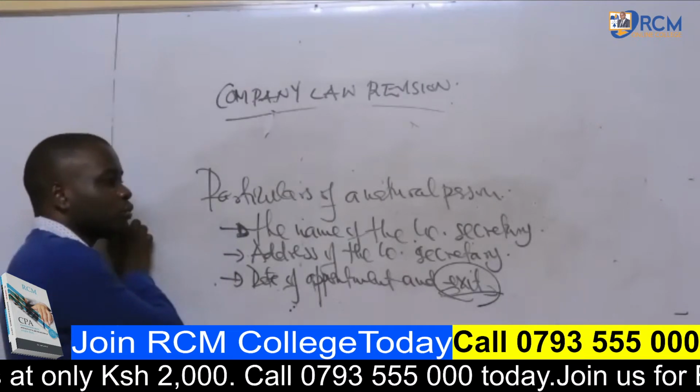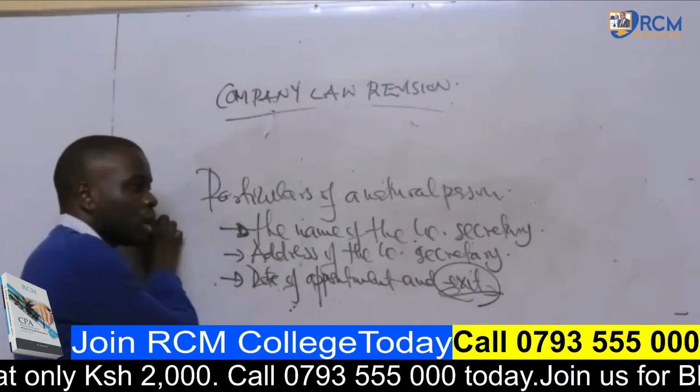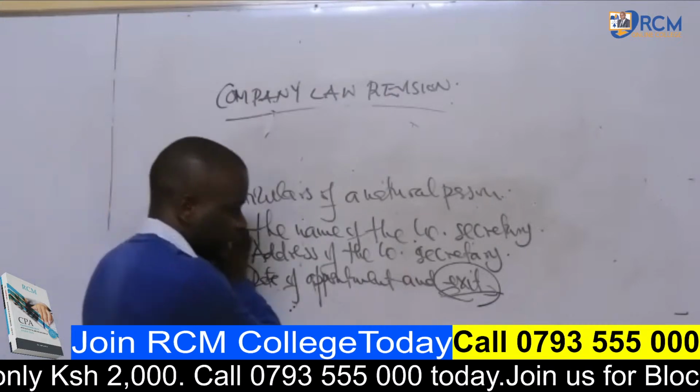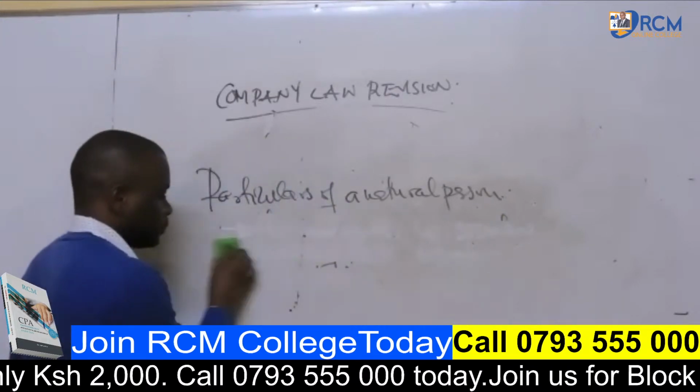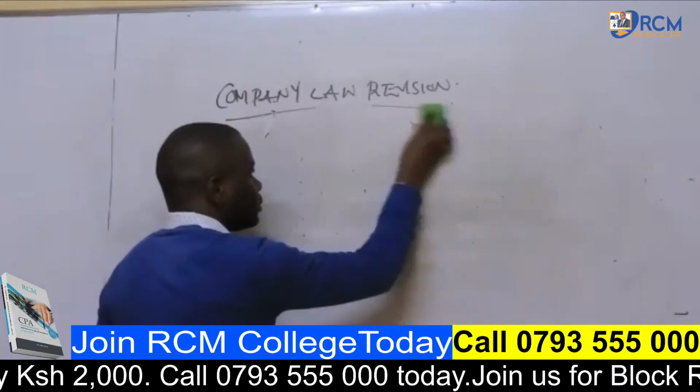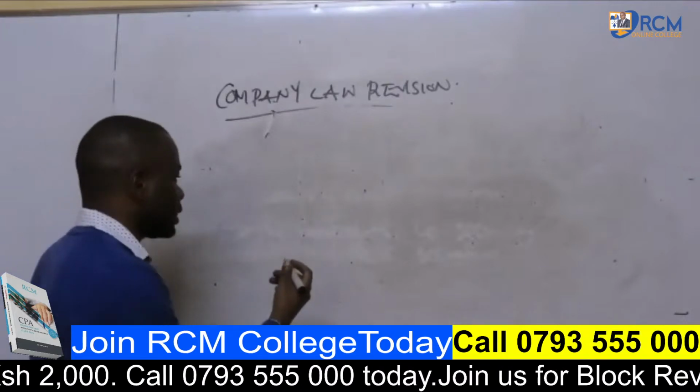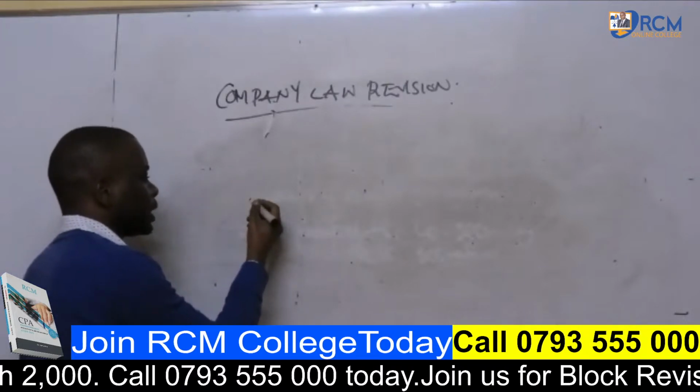So I want us to move to the corporate entity or a firm. What are the details to be contained there? The details to be contained in case it is a registered partnership firm or a company.